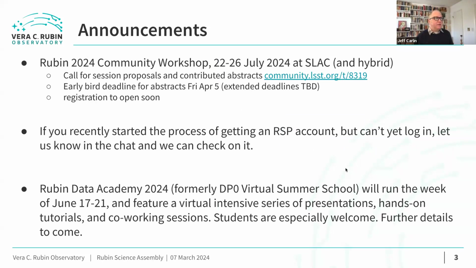There is a link here to the community forum post with more details about how to propose sessions that you would like to see at the workshop and to contribute abstracts for both posters and talks. And look for an announcement, as the registration will open very soon.